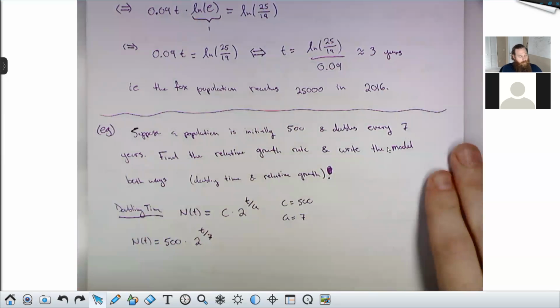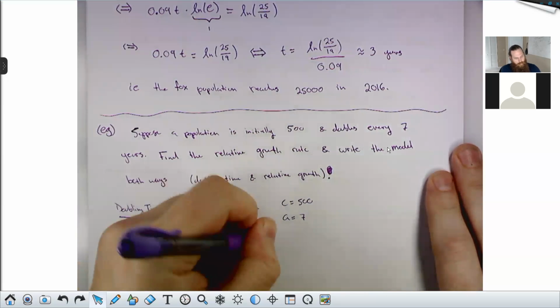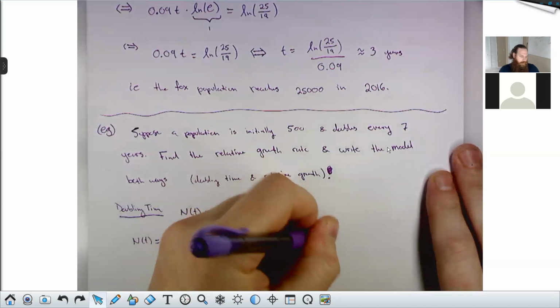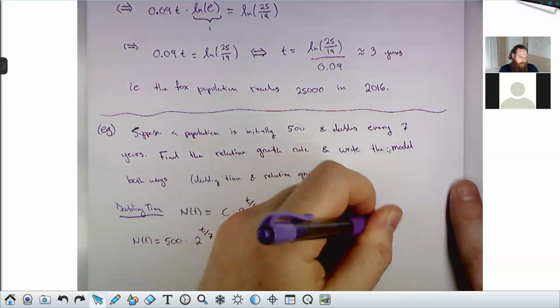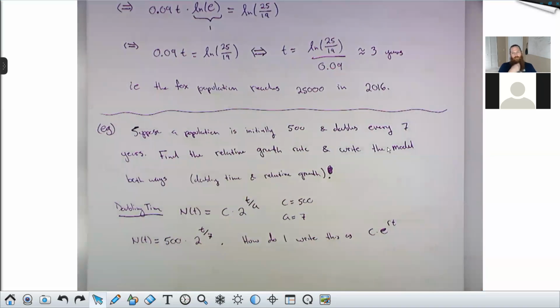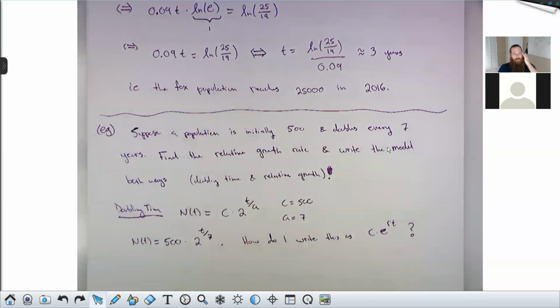I want to know, how do I write this as C times e to the RT? There is more than one way to answer this question.